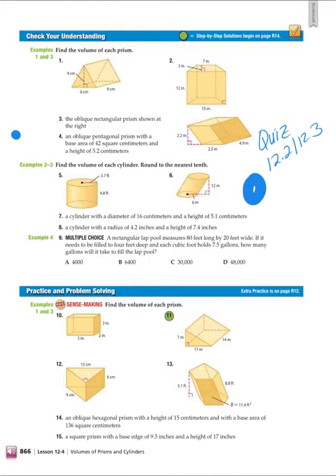I don't think it's the next time I see you. I think it's in 2 times, because I wanted to be able to go over that homework. Yes, it's Wednesday the 3rd. So we'll have a little quiz over sections 12.2 and 12.3. That's going to be covering lateral area and total surface area. That will be coming up on Wednesday the 3rd. Okay? All right. We'll see you in class next time.